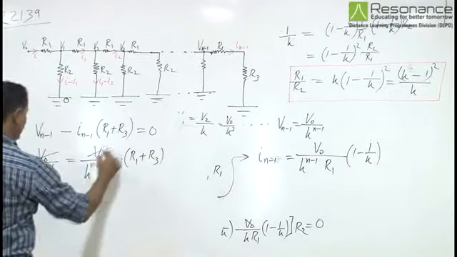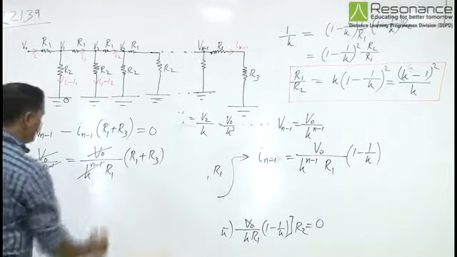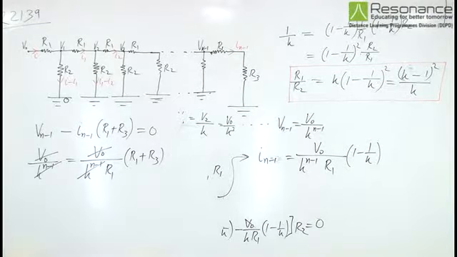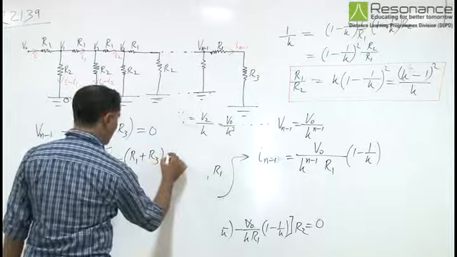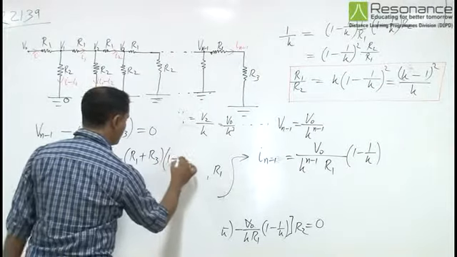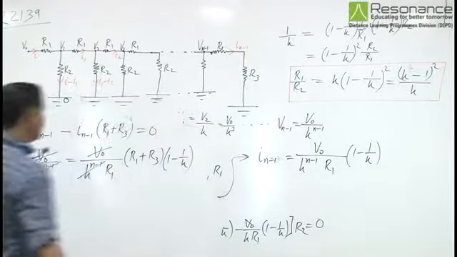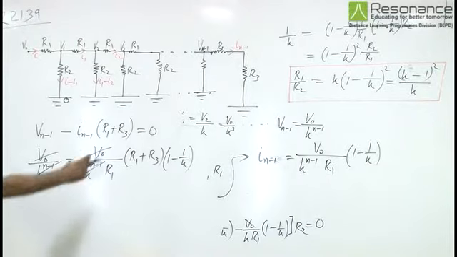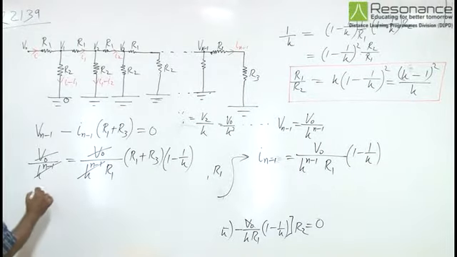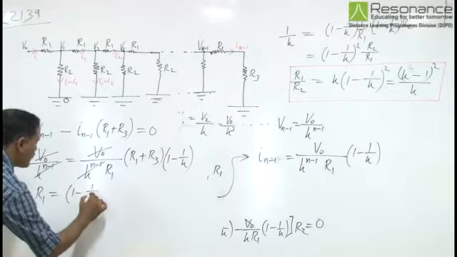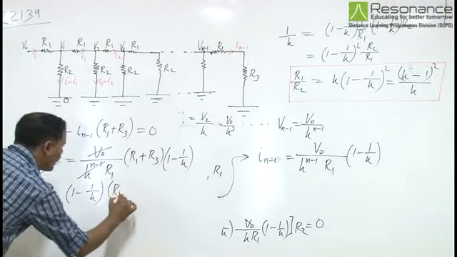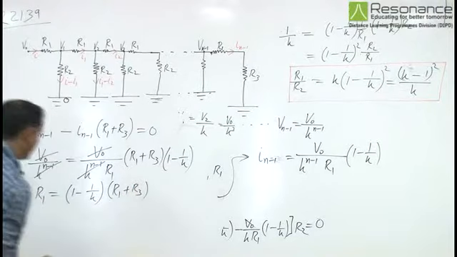So V naught by K to the power n minus 1 is cancelled. Here from we can write R1 is equal to 1 minus 1 by K into R1 plus R3.